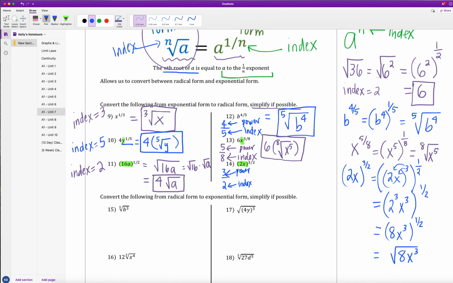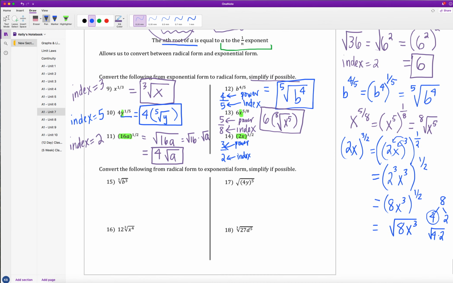The reason being is if I write a factor tree on the side, 8 factors is 4 times 2, and we know that 4 is a perfect square, which means the square root of 8 would be equal to the square root of 4 times 2, which I could then take the square root of 4 times the square root of 2 separately.